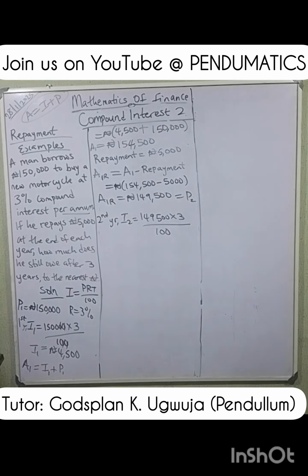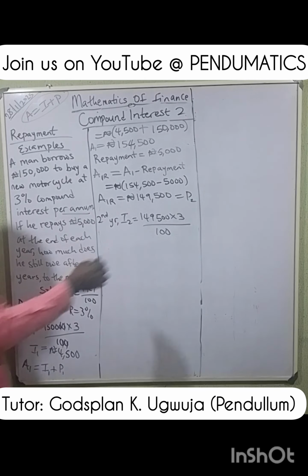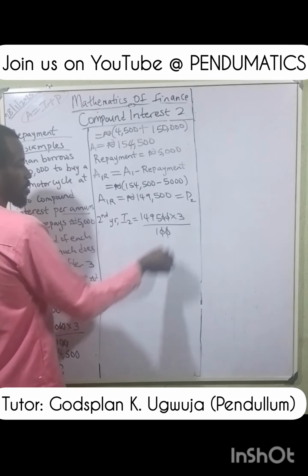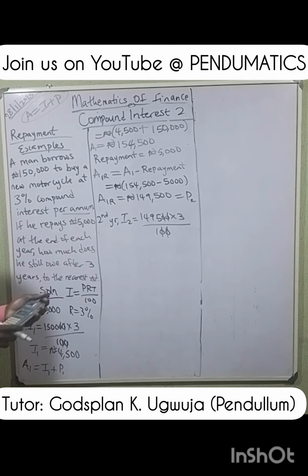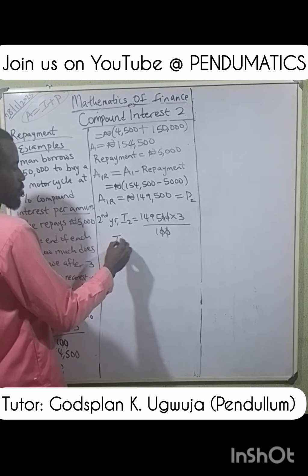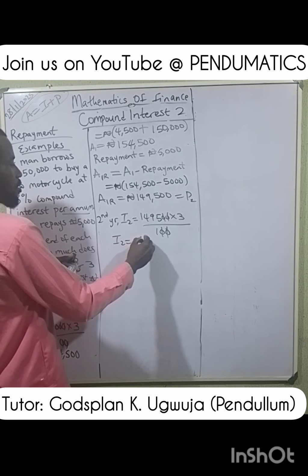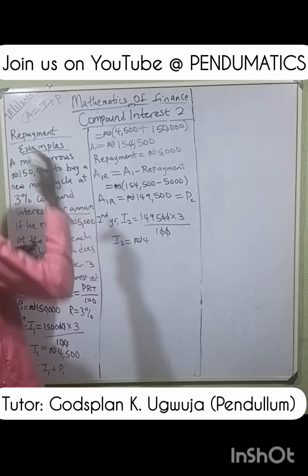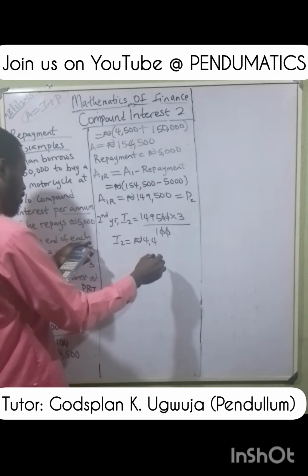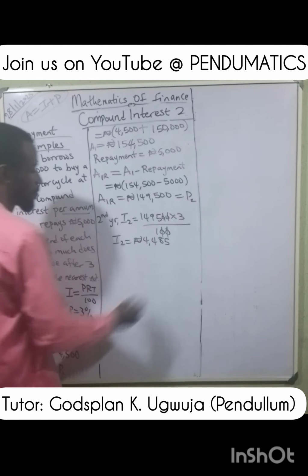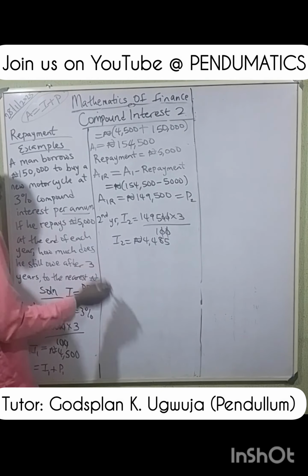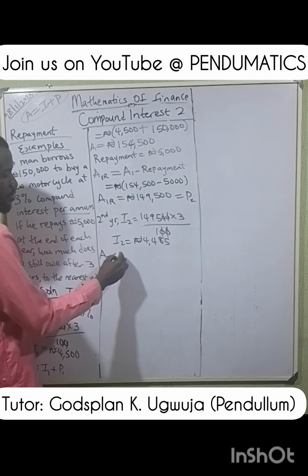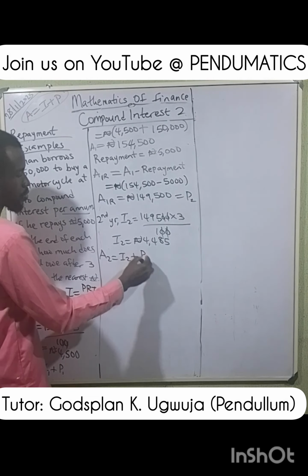Time is still 1 year since we are calculating per annum, so we don't have to include it because it won't change anything. So our interest will be 1,495 times 3. I2 will be 4,485 naira, the interest at the end of year 2. And the amount at the end of year 2 is I2 plus P2.